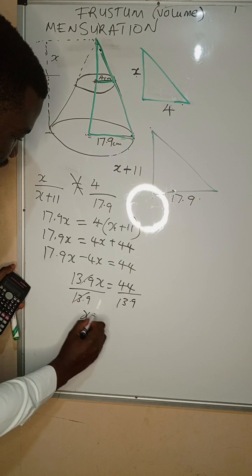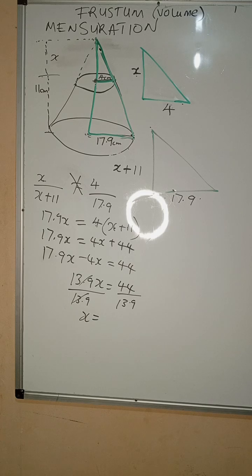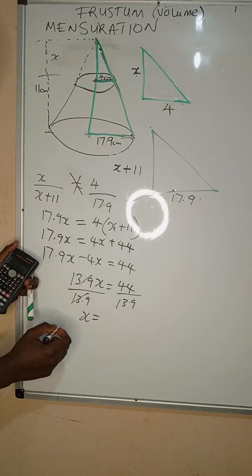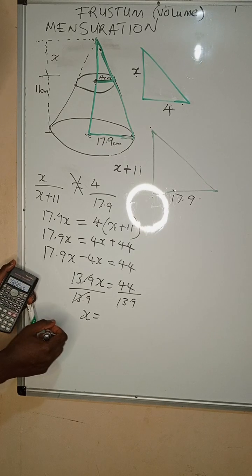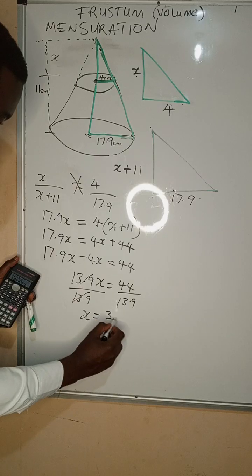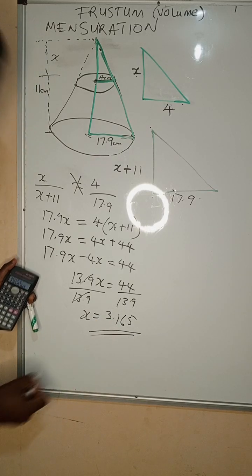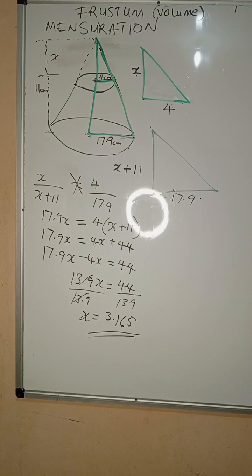This cancels. x is equal to 44 divided by 13.9. 44 divided by 13.9 is 3.165. That's how you calculate for x.